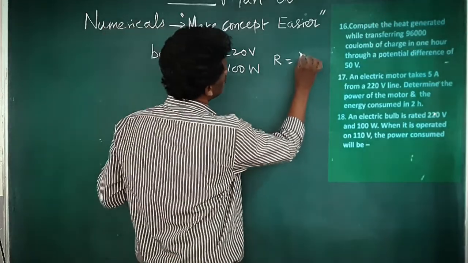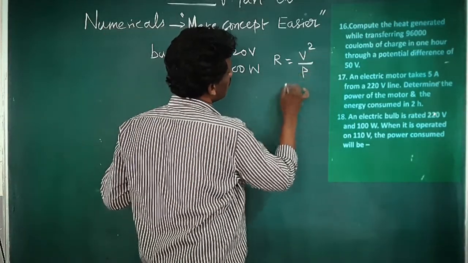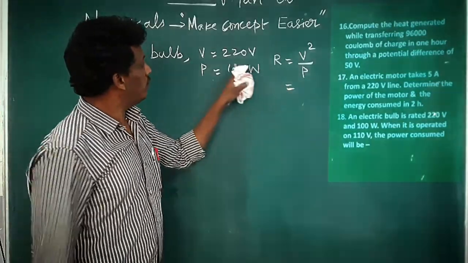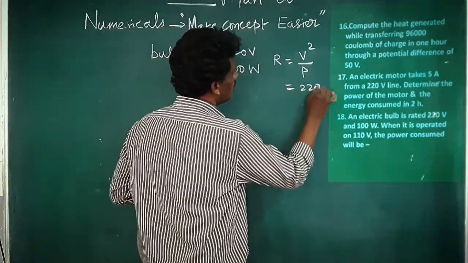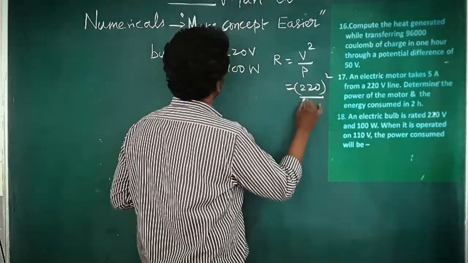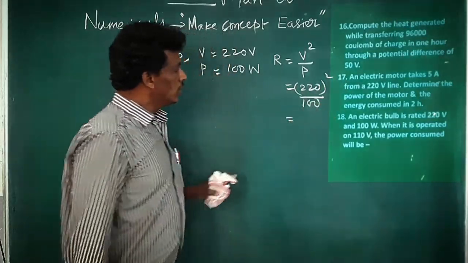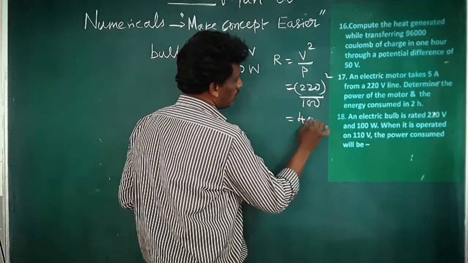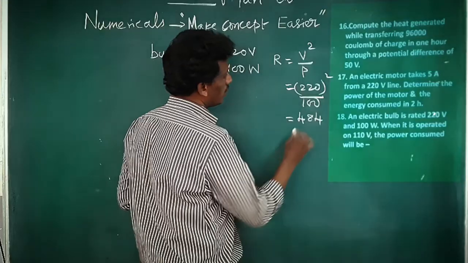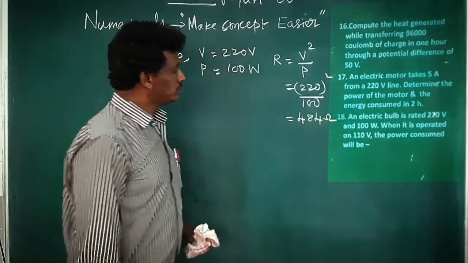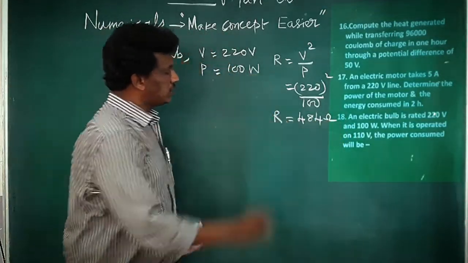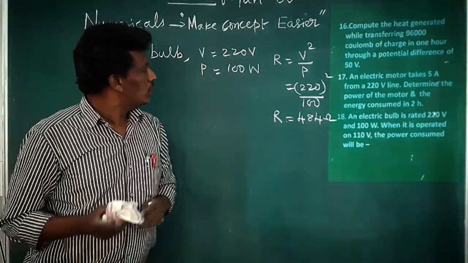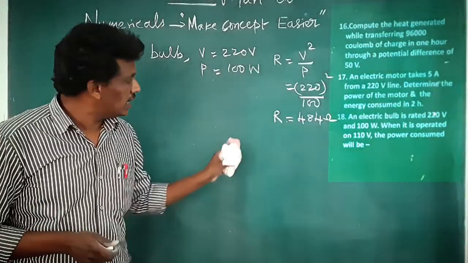So R equal to V squared by P, from P equal to V squared by R. V is given as 220, so 220 squared upon 100. 20 cancels, 22 here, 22 squared is 484. The unit is ohm. So the resistance you got is 484 ohm. Even if I change the voltage, there is no change in the resistance.